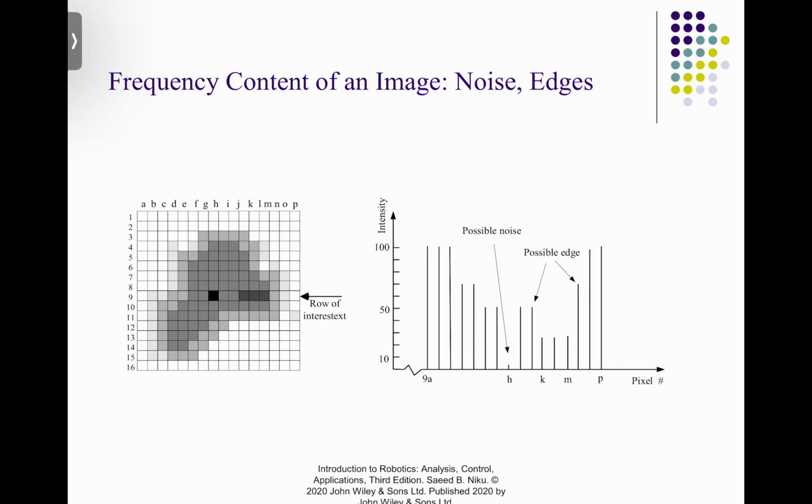So now imagine you have an image, something like this, you zoom in and you see the blob and you want to somehow analyze this blob. I want to find out whether that 9 comma h is noise or part of the signal. So I look at the pattern and I see that at 9h, all of a sudden there is some variation in the pixelation. The intensity suddenly changes. So that could be an indication of noise.